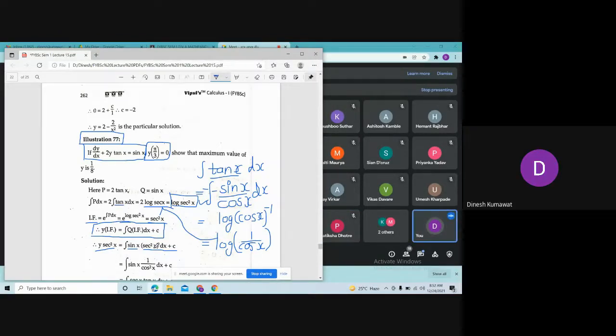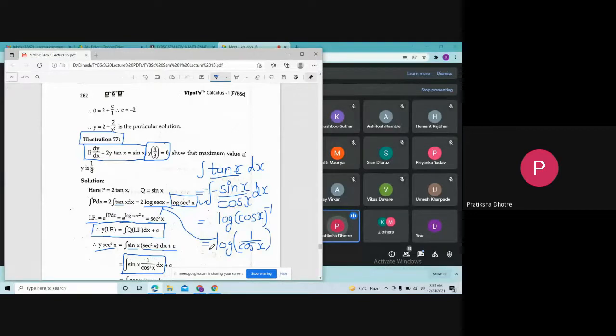Now sec square x is nothing but 1 upon cos square x. Now tell me how you are going to integrate this. Sir, we split cos square x, so sin x upon cos x into 1 upon cos x. That becomes tan x into sec x.